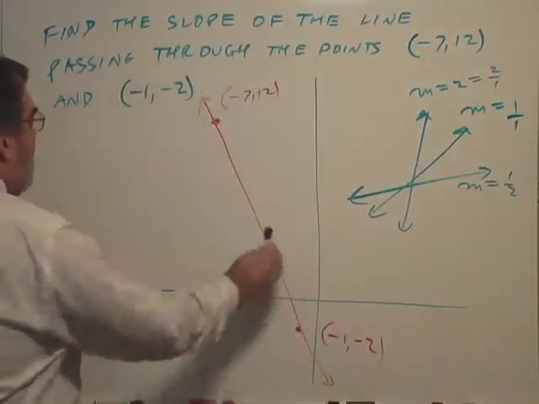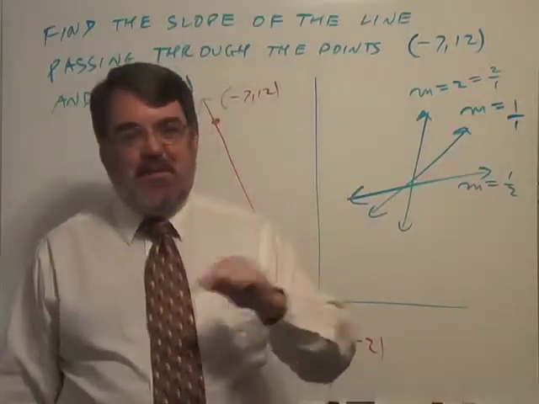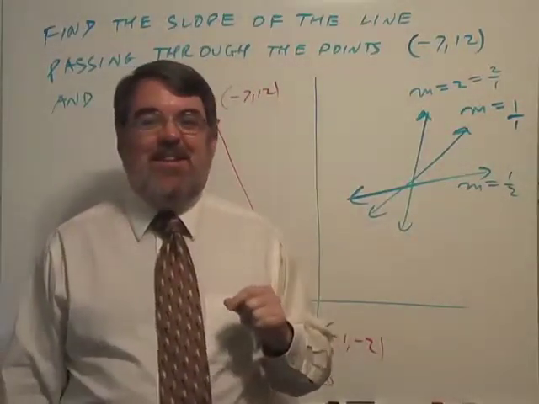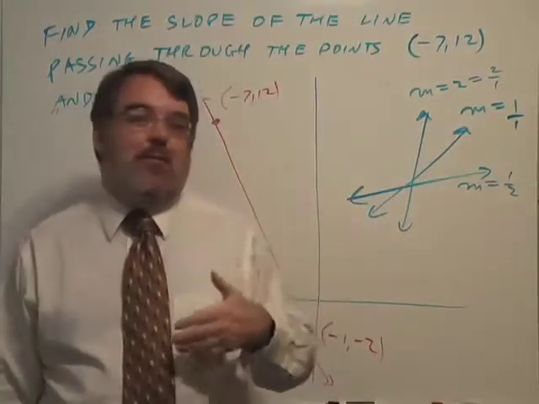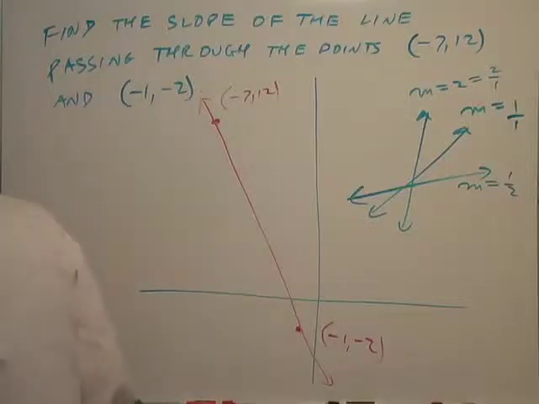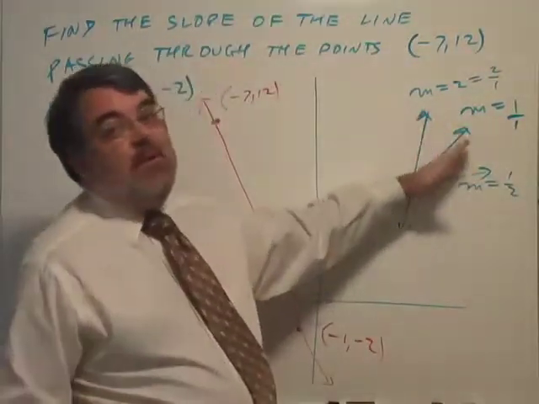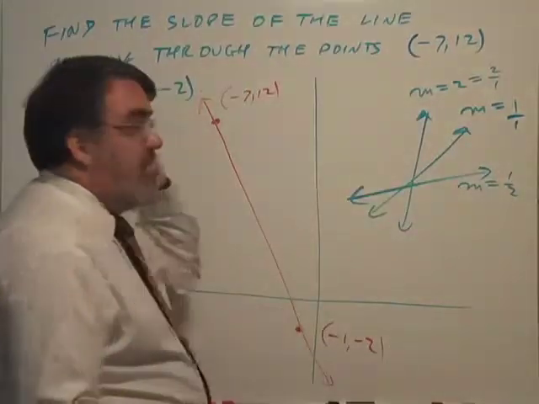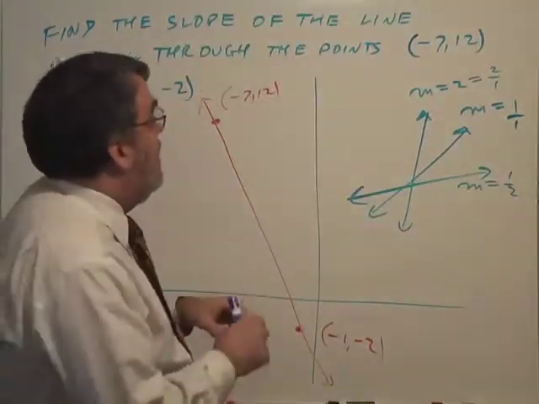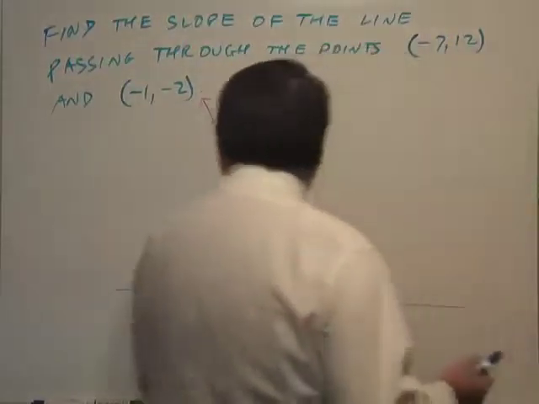So I expect my slope to be, well, technically less than -1, which means it could be around -2 or -3. All right. Well, let's go ahead and calculate it. But I want you to see that the slope describes a direction that the line is pointing in. And that's interesting, I think.